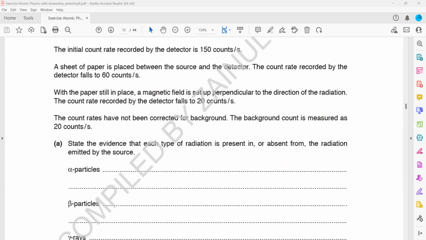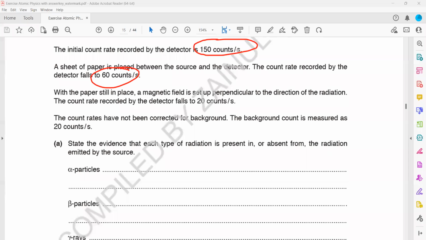Then a sheet of paper is placed between the source and the detector, and the count rate has fallen to 60. Initially the count rate was 150, but now it has fallen to 60. Is there alpha present in this? Yes or no? We place yes. So alpha is present there.